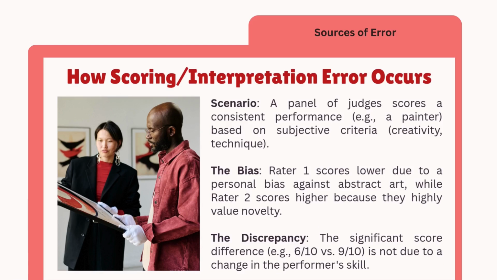So this massive 3-point score difference isn't a reflection of any change in the dancer's performance, which was consistent because they all were exposed to the same exact dance. It is entirely due to the scorer's unreliability. This is the personal biases and different interpretations of the scoring rubric by the 2 judges. This introduces error variance into the observed score, making it an unreliable measure of the dancer's true skill level.